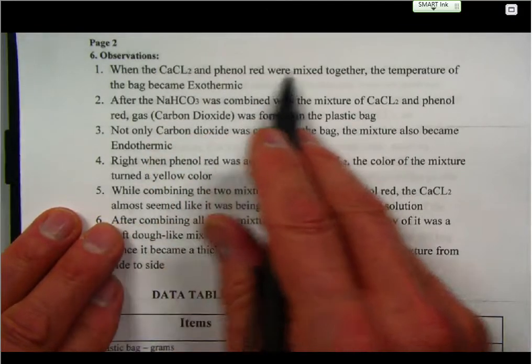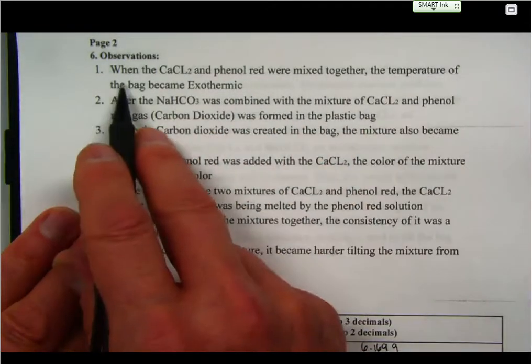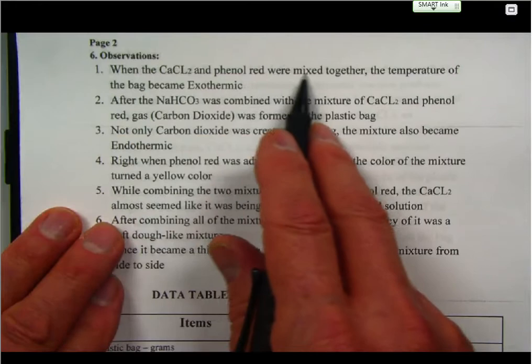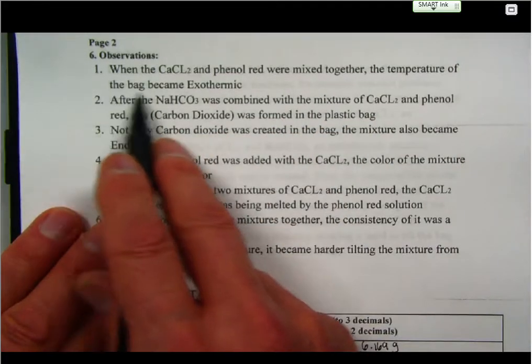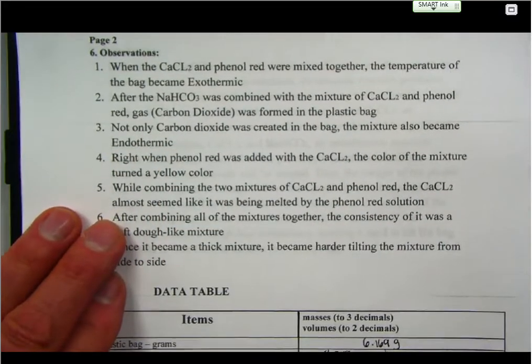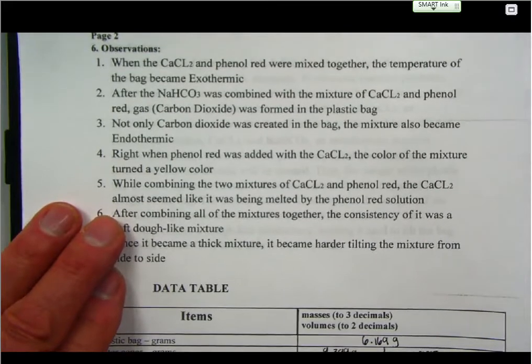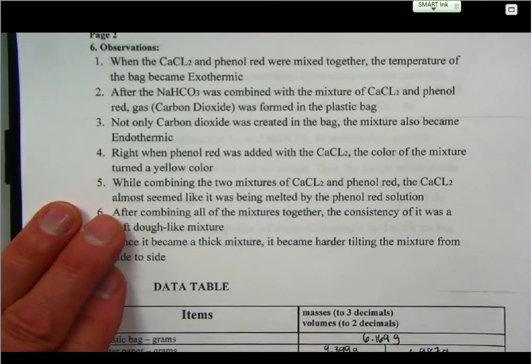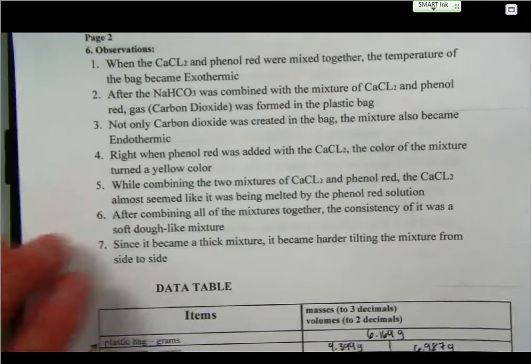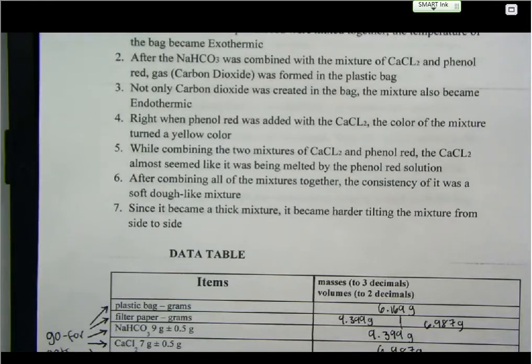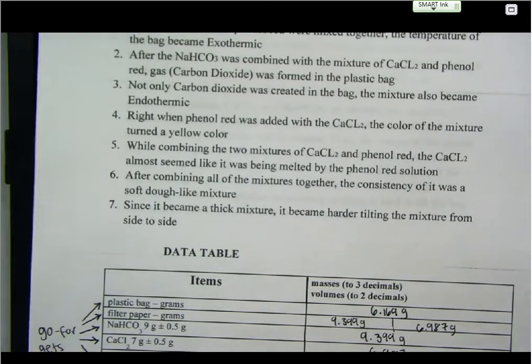All right, so when the calcium chloride and phenol red were mixed together, temperature of the bag became exothermic. Okay? What you'd want to say is the temperature of the bag went up, and then in your conclusions you could say that was an exothermic reaction.